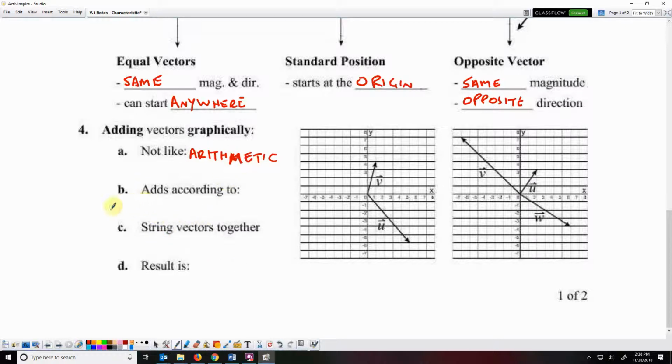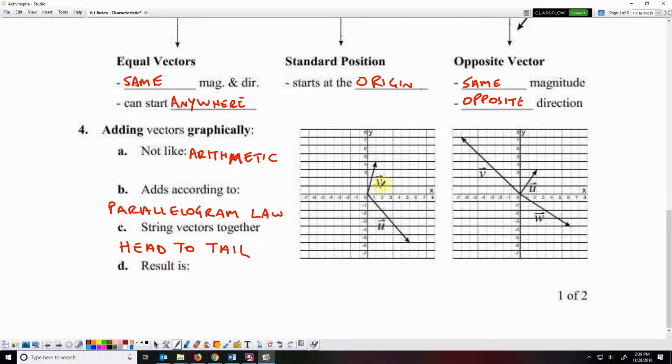It adds according to what's called the parallelogram law. And according to the parallelogram law, we can string vectors together, head to tail. And we'll put in a description for the result after we actually do one.